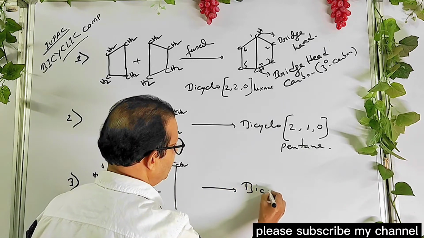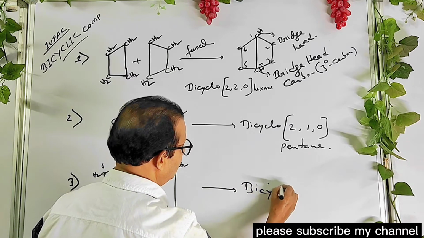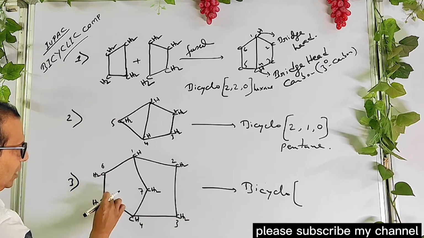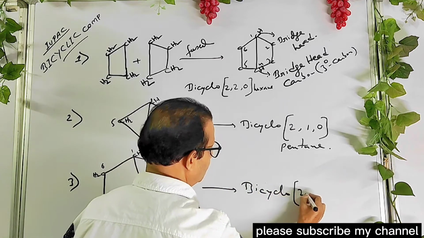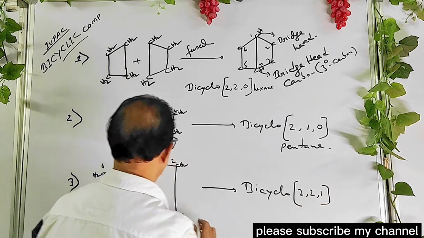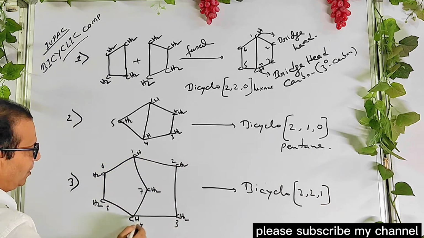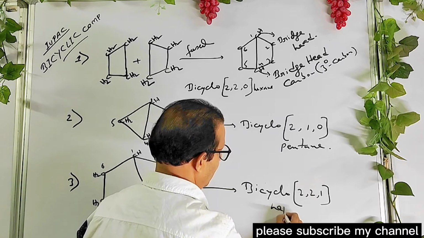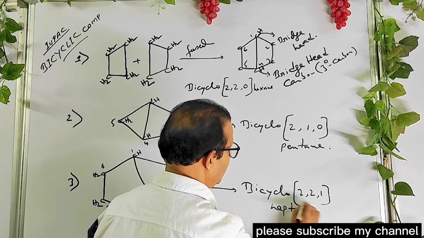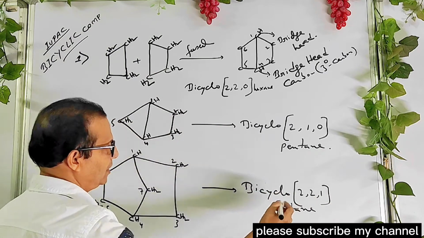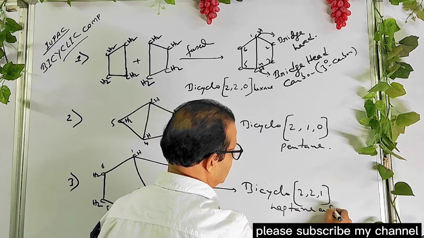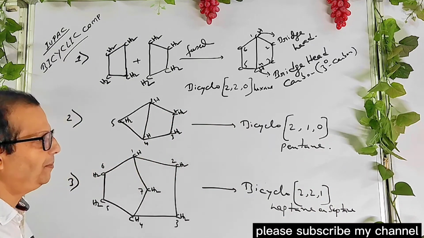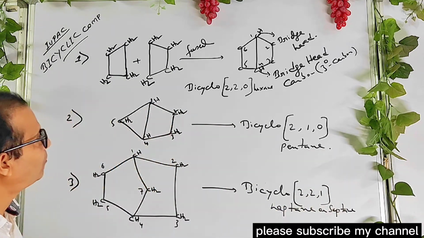IUPAC name is bicyclo, put a bracket, 2 carbon, 1 carbon, 2, 1, methane, ethane, propane, butane, pentane, hexane, and it is heptane. Heptane or septane, whatever you write, both are correct.